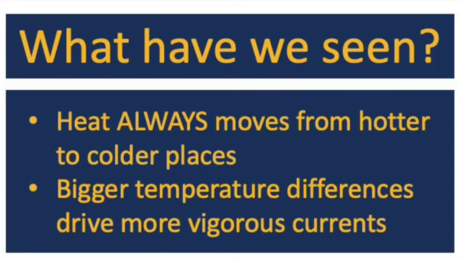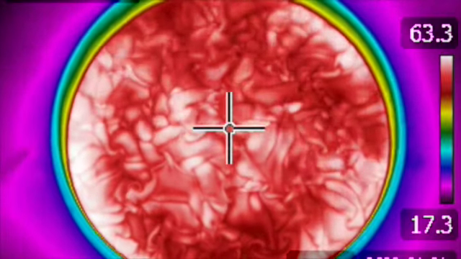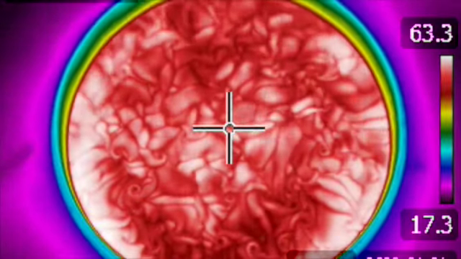Then we've seen that the bigger the temperature difference, the quicker the heat will travel to the cold places in our home, and consequently the more vigorous the air currents and draughts we are likely to experience. And we've learned that the colder the cold places are in our home, the more the cold areas will act like an imaginary magnet, drawing any warm air towards it, as we saw in the video of the uninsulated container.